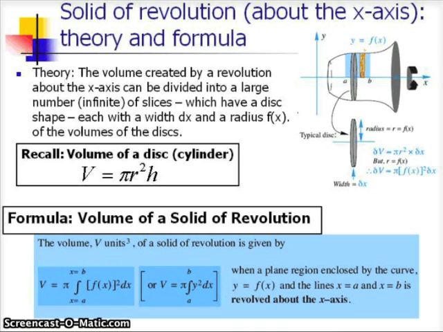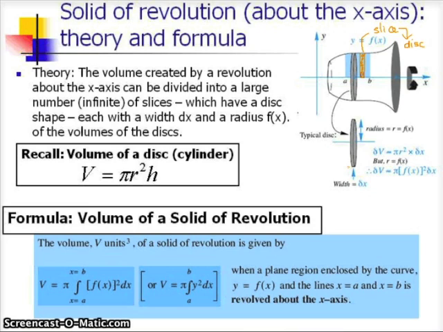Now what's going to happen is we're going to take this small slice and we are going to spin it. What happens when we spin it is that it turns into a circular disc that has a radius of the actual y value, or where the function is above the x-axis, so the y value of the curve. The width of our disc, and you can see that down here, is just that small area of the x-axis that we made the slice through.